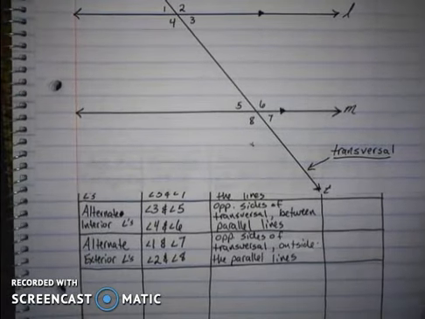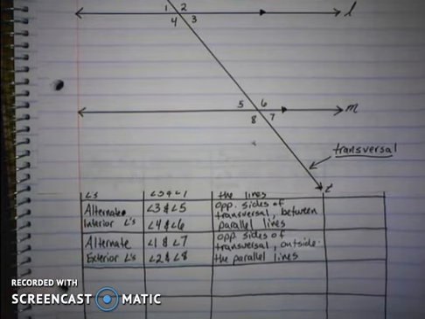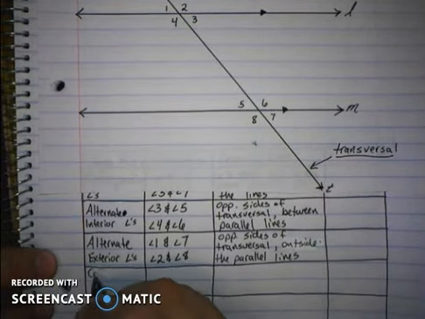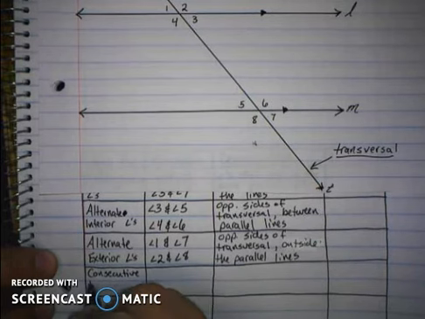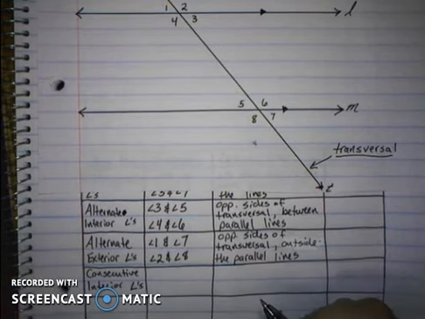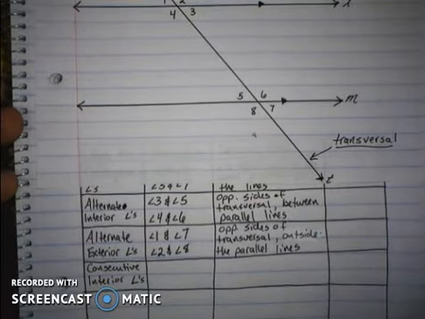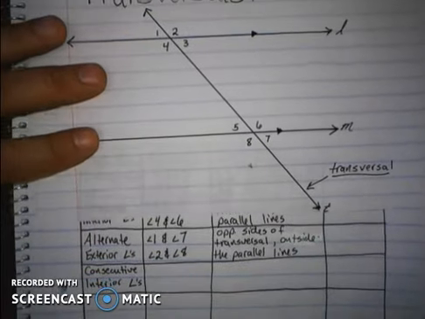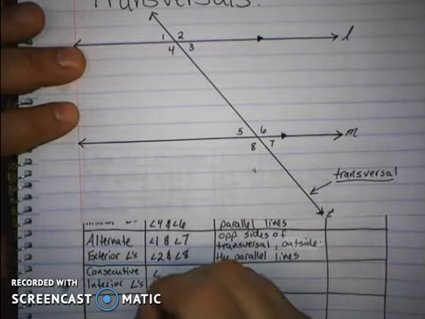All right, and then we have one other angle pair to consider, at least of our new angle pairs, and those are called consecutive interior angles. Now the word consecutive means in a row or in order. Okay, so let me give you examples of consecutive interior angles. 4 and 5 are consecutive interior angles.